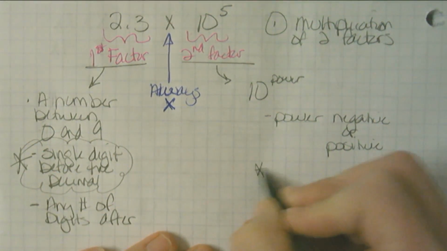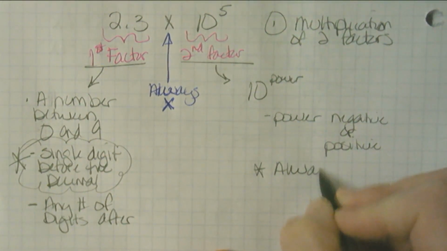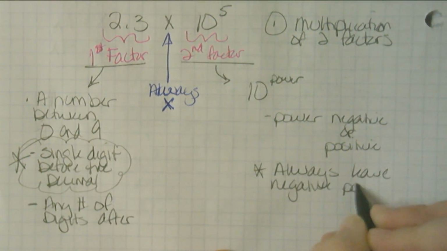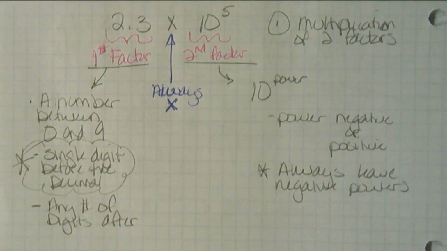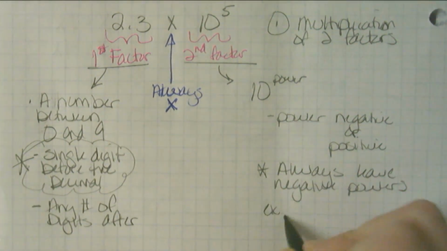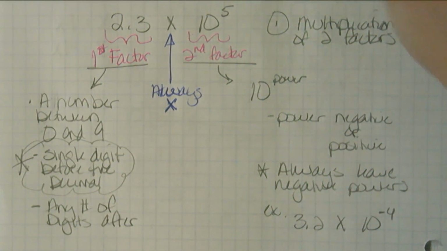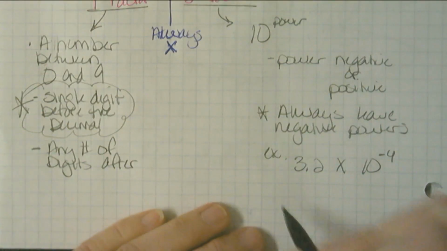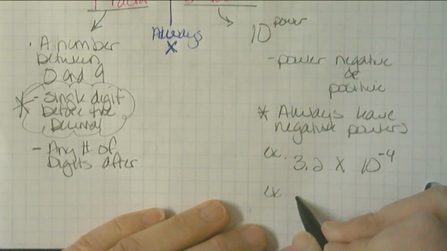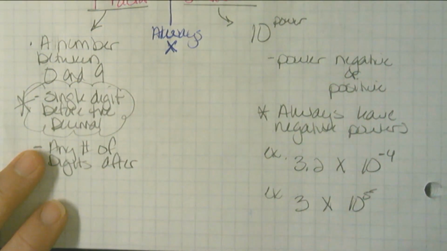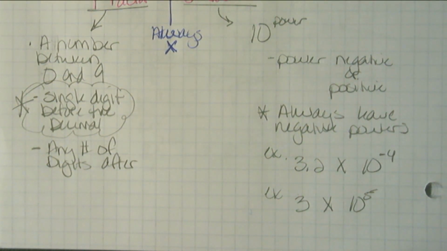And we always leave negative powers. So we could have something like 3.2 times 10 to the negative 4th. That would be what a negative power would look like. Or we could have 3 times 10 to the 5th. That's what a positive power would look like. Those are both scientific notation. And those are proper scientific notation.